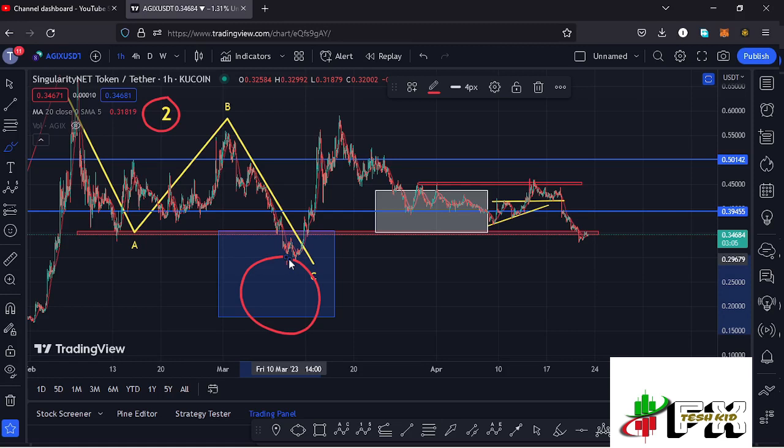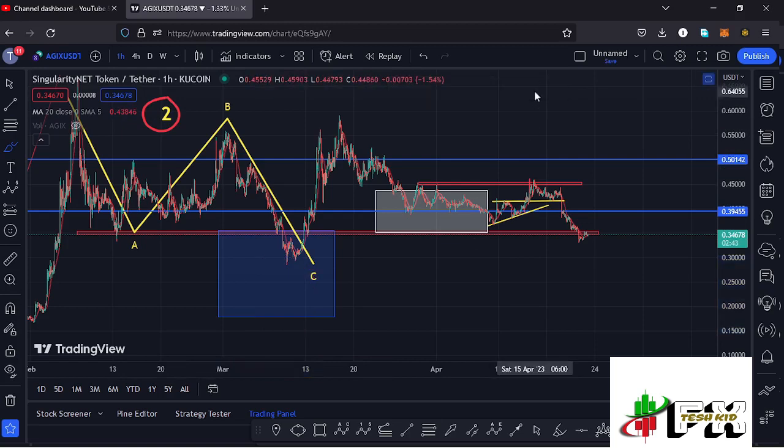But for now, let's continue watching the key area of resistance at around the $0.35 mark, because in case we get rejected and lose the low at around the $0.32 mark, there are high chances that we are going to make one more leg down within this blue target area in the formation of these higher Elliott wave count 2. So that is what I'm expecting here on the short-term scenarios.